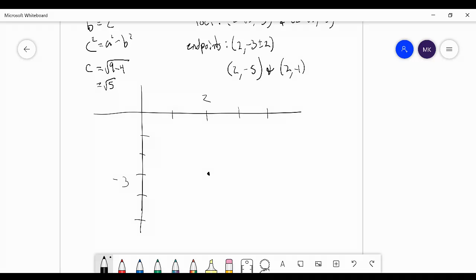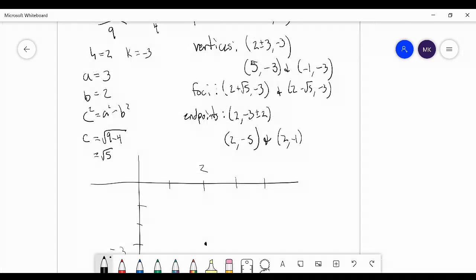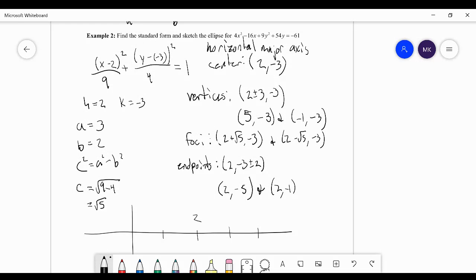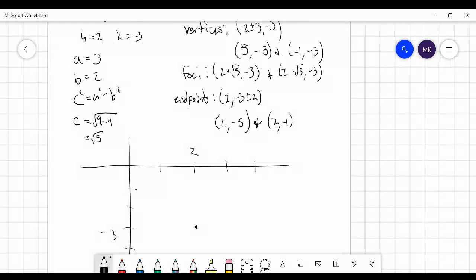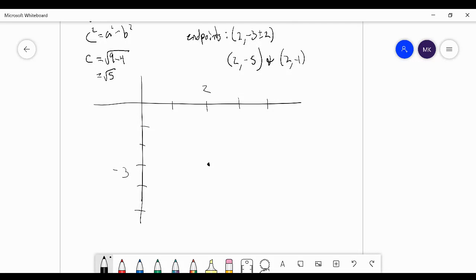Okay, sorry about that. So we have a horizontal major axis, right? That's what we figured out here. Okay, and we have vertices of 5, negative 3, and negative 1, negative 3. So negative 1, negative 3. That's 2, 3, 4, 5. Okay.